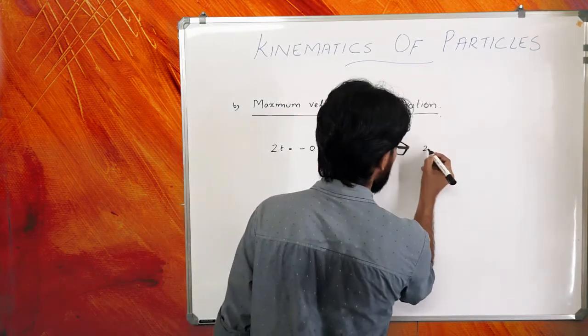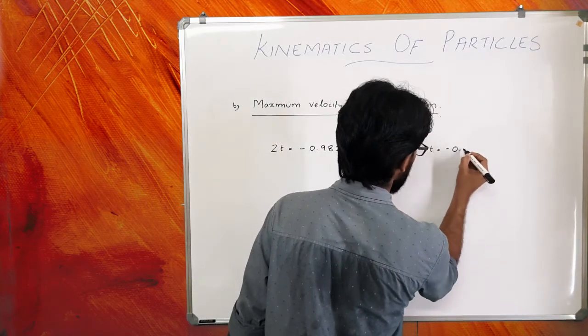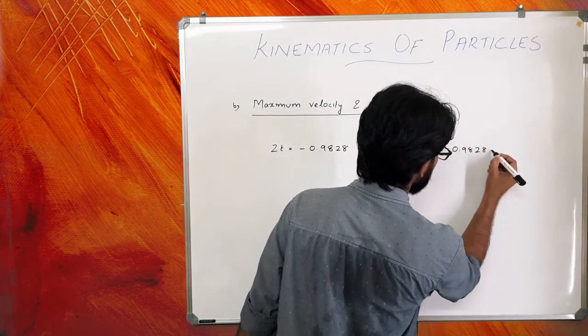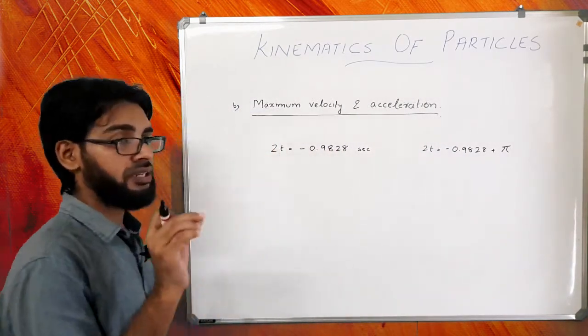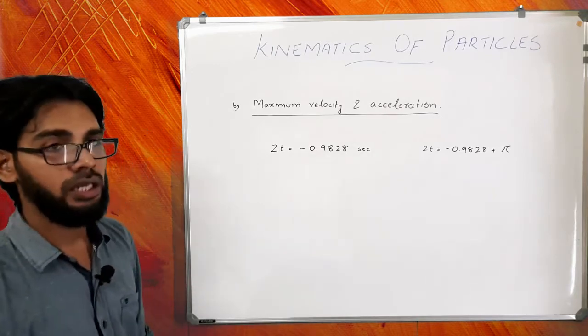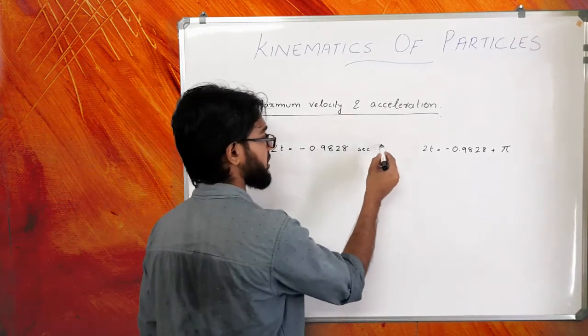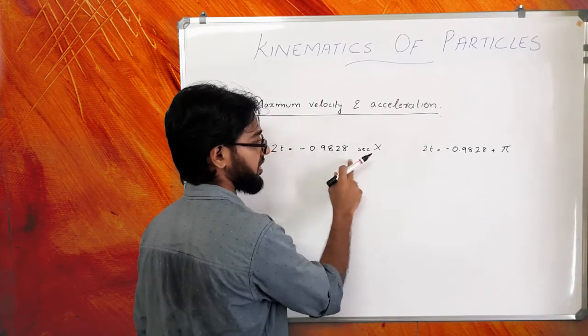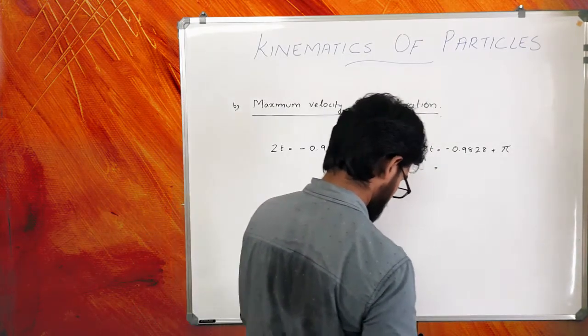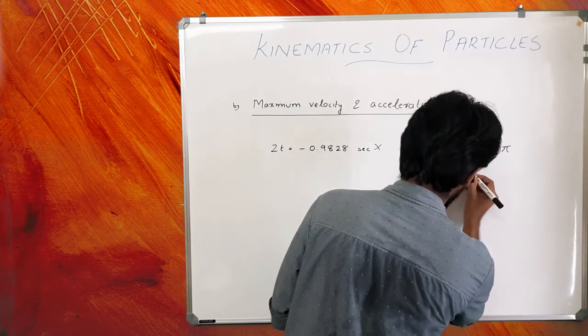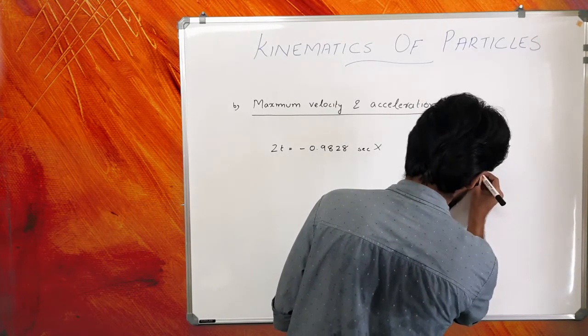We can also have 2t equals minus 0.9828 plus pi, since it is periodic with respect to 180 degrees or pi. Now the first value can be rejected since this is negative. This value however will be positive, which will be equal to 1.0794.